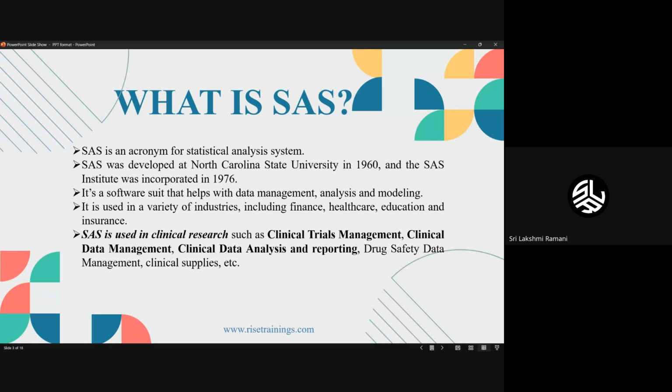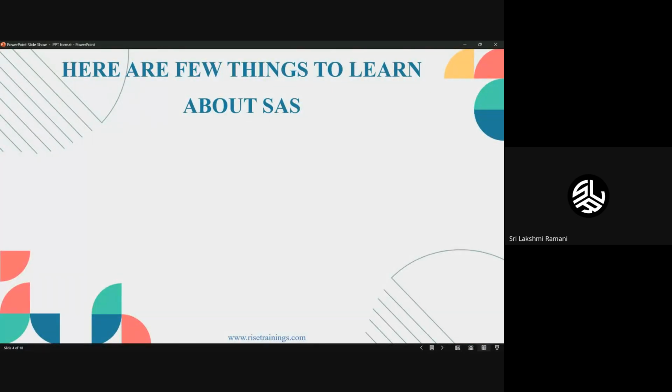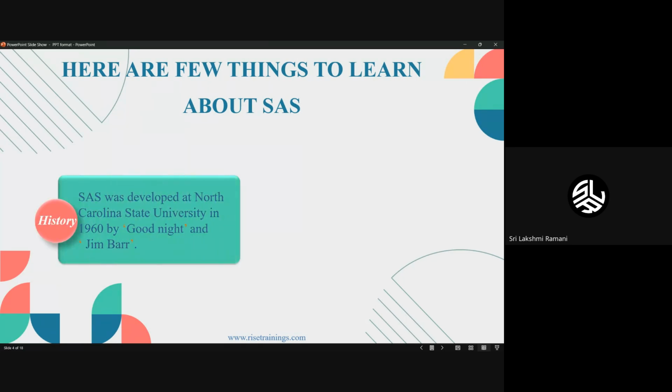Okay, coming to the topic. This SAS is used in clinical research, like clinical trial management, clinical data management, clinical data analysis and reporting, and all. Apart from this, here are a few things to learn about SAS.